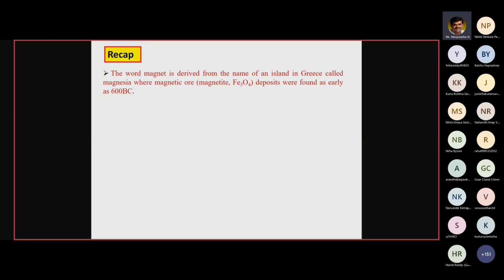But one thing: I have already explained, when they took this stone and tied it with a piece of thread and suspended it, they observed that the stone came and stood in one particular direction.